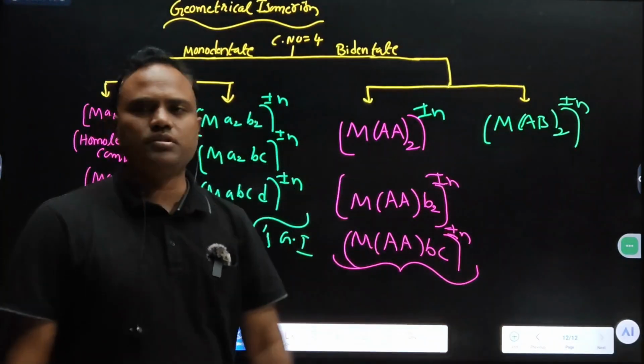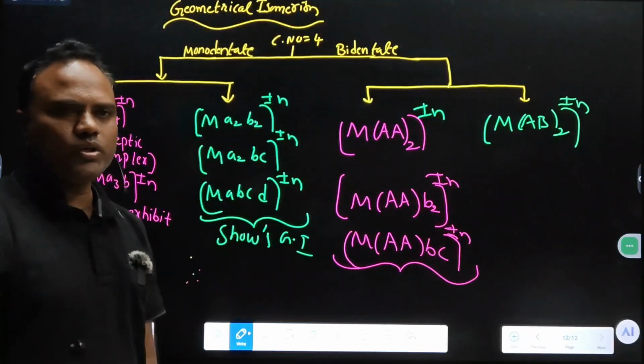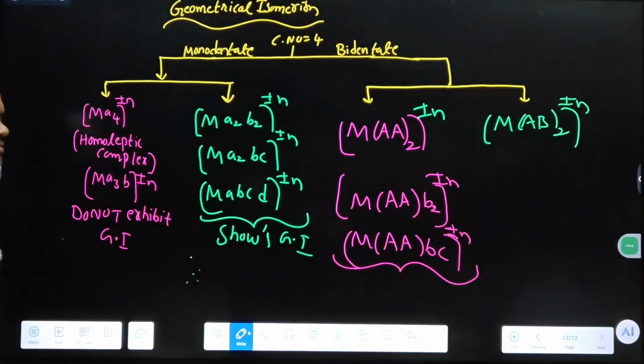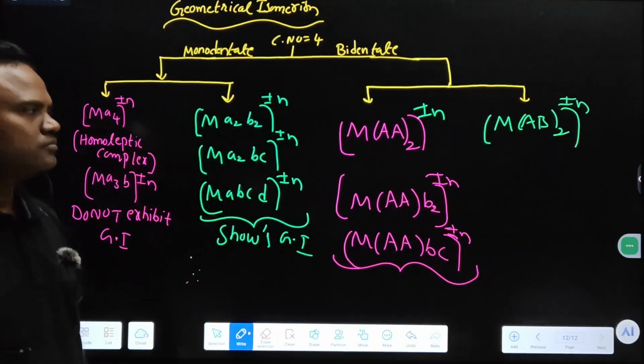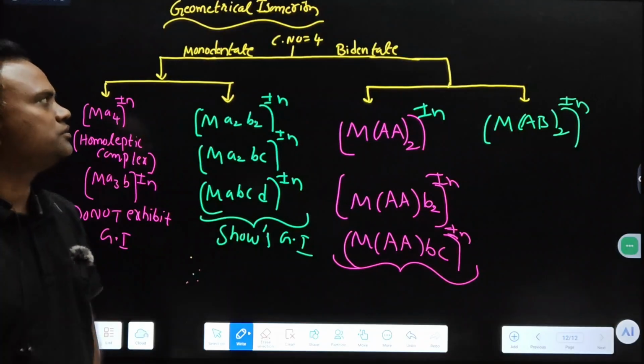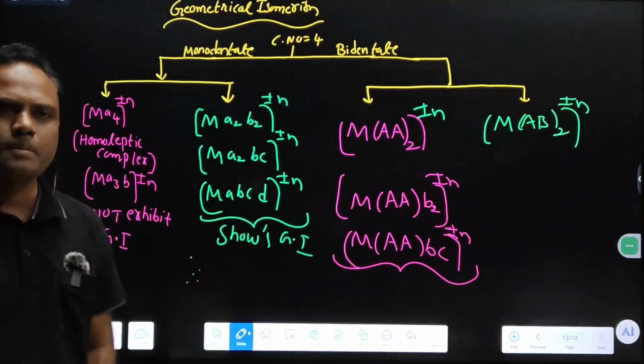In that category, MAB2 will show. Okay. Monodentate, bidentate category with the coordination number 4. Okay.